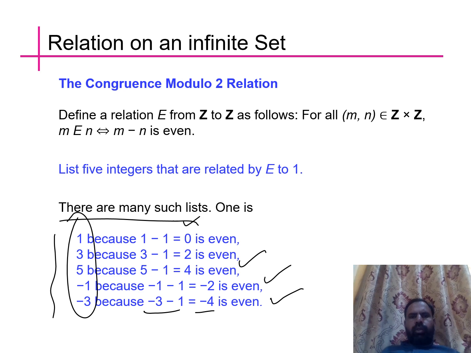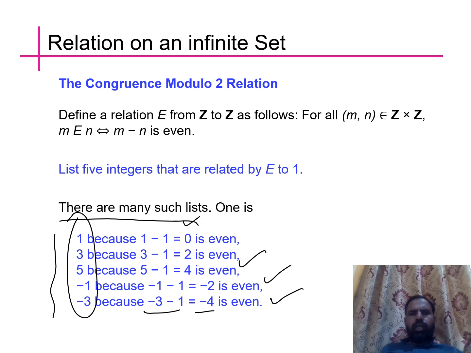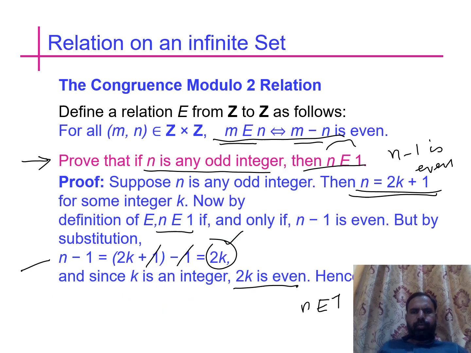The congruence modulo 2 relation: we may define a relation E from Z to Z as follows. For all ordered pairs (m, n) belonging to Z cross Z, m is related to n if and only if m minus n is even. There are many such pairs. One is this, which is shown in this example.